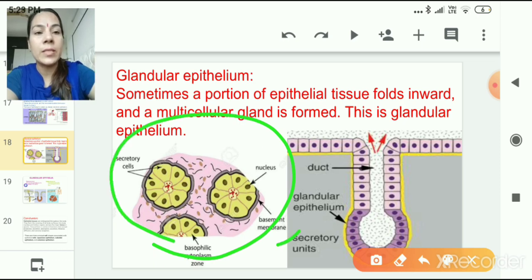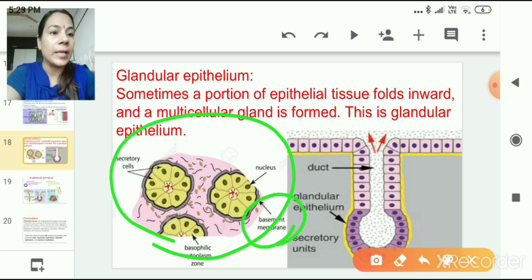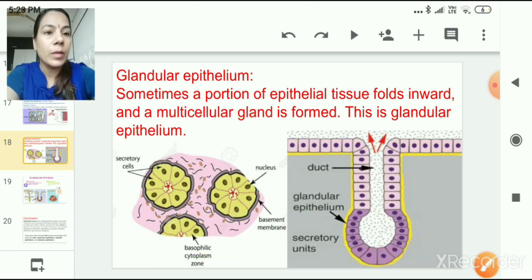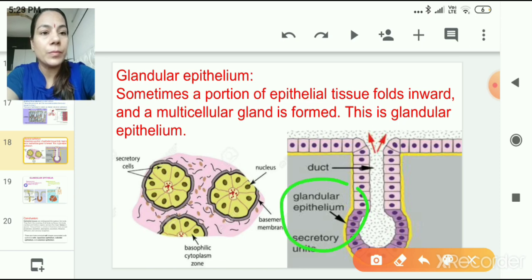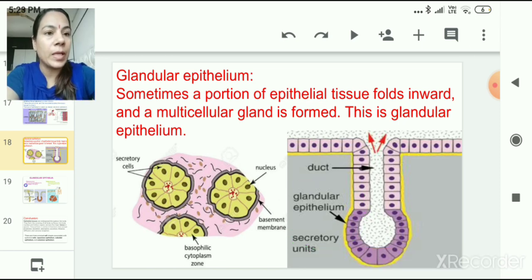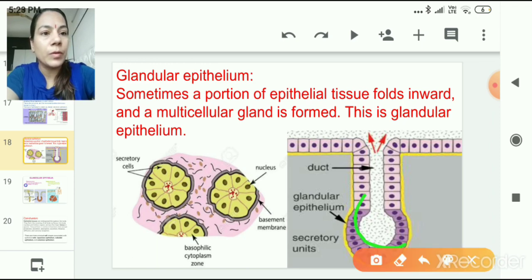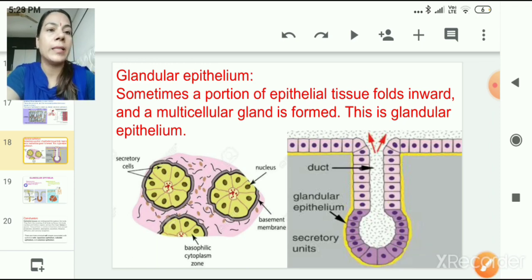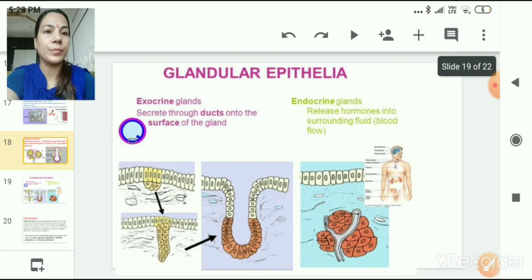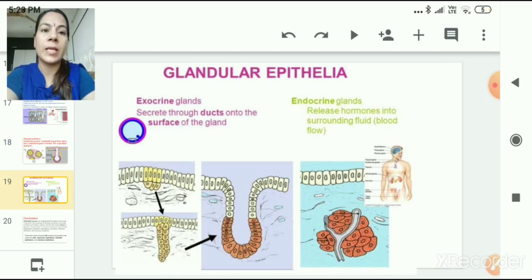Here is the basement membrane, and in this diagram also you can see glandular epithelium. Glandular epithelium is present in this entire area from here to here, and this helps in secretion of various things. Here also in this diagram you can see the glandular epithelium.